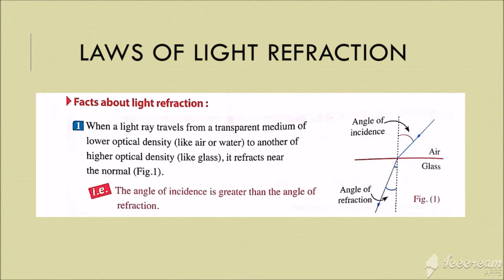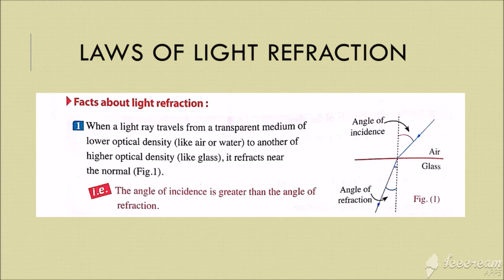Light refraction. There are some facts about light refraction. Number one, when a light ray travels from a transparent medium of lower optical density like air or water to another of higher optical density like glass, it refracts near the normal, like figure 1.